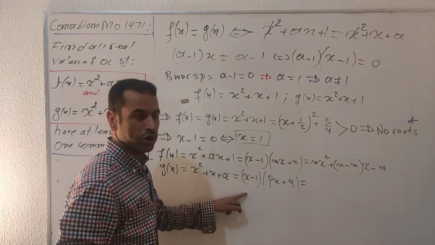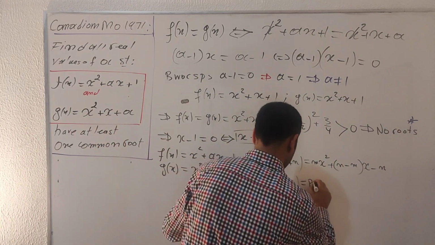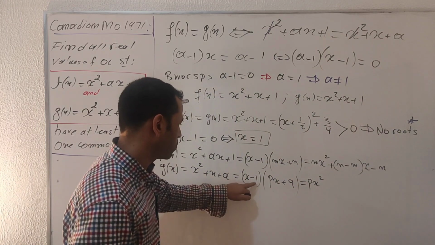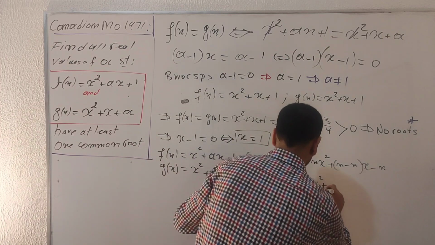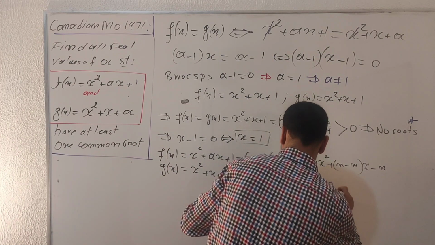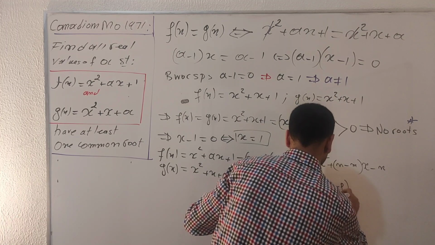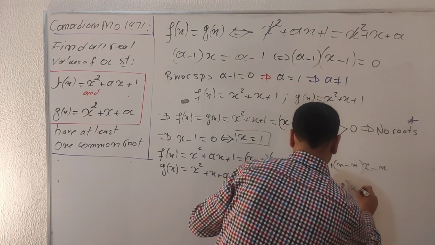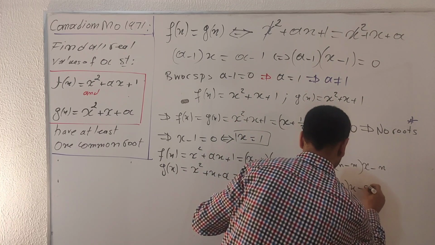For the second function, I will have px squared plus qx minus px, which means q minus p multiplied by x, plus the last term, which is minus q.